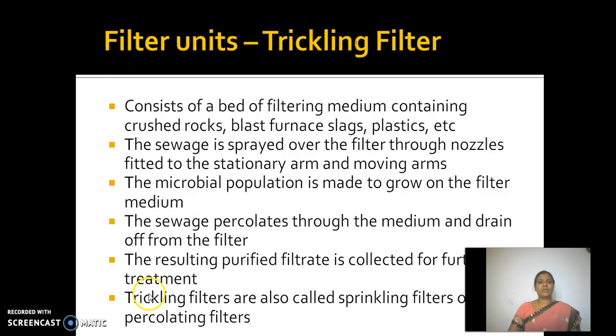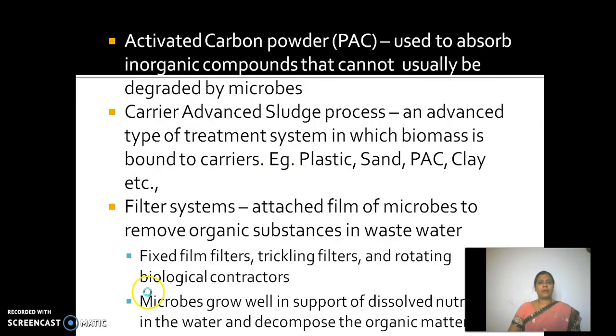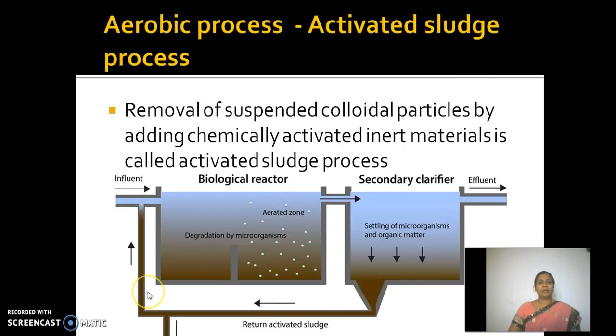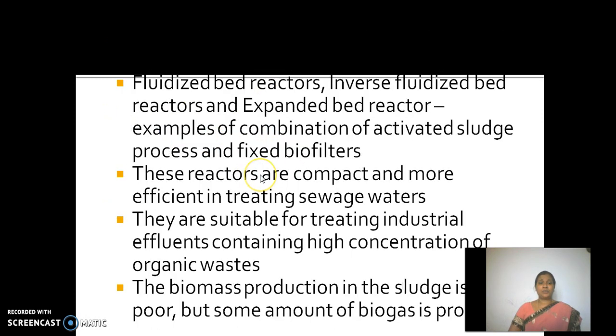In secondary wastewater treatment, we use something called the activated sludge process, which makes use of activated carbon powder, an inert material used to attach with the suspended solid particles, or carrier advanced sludge process.